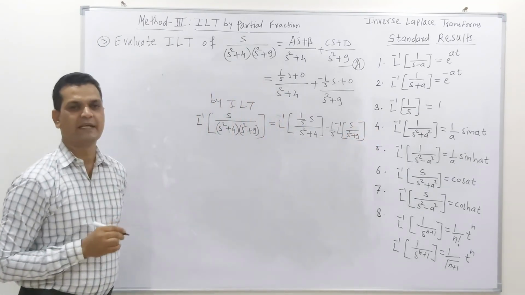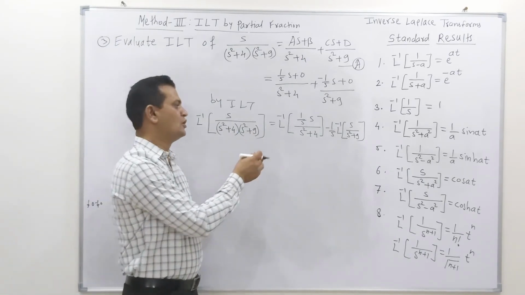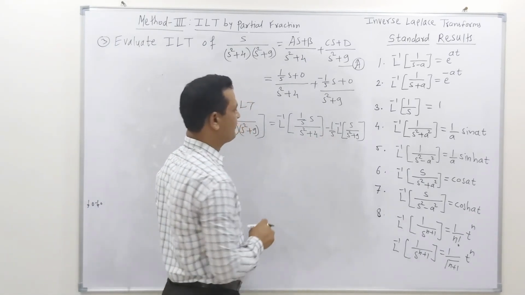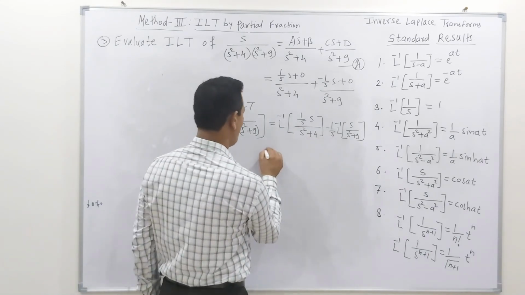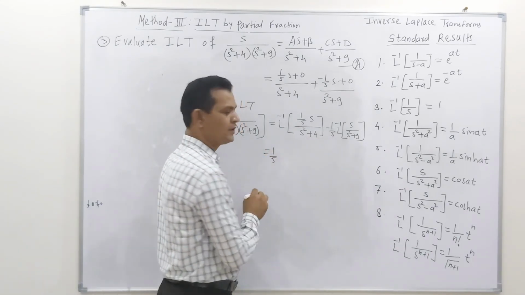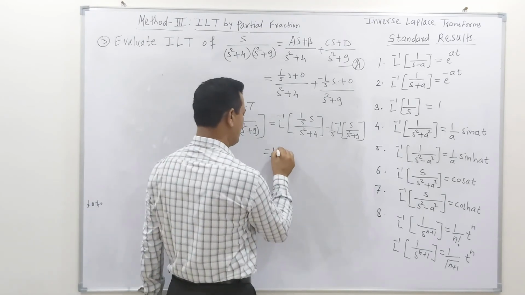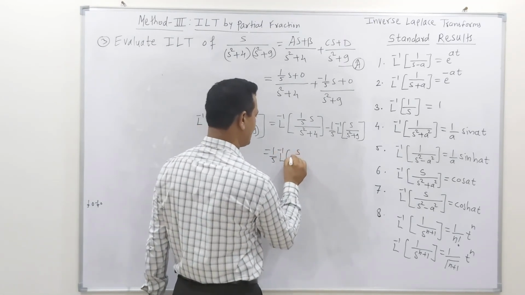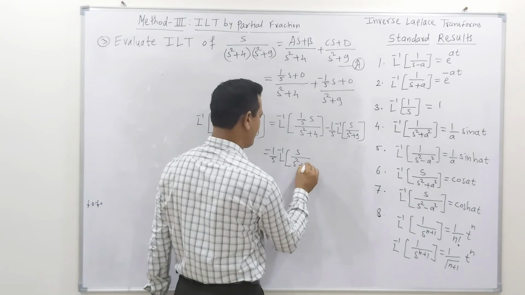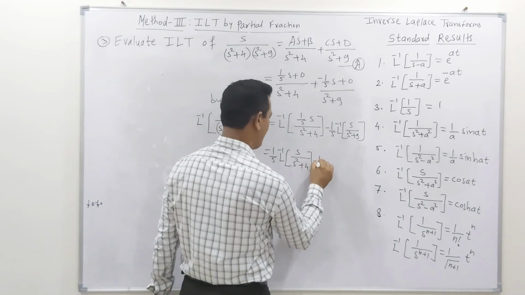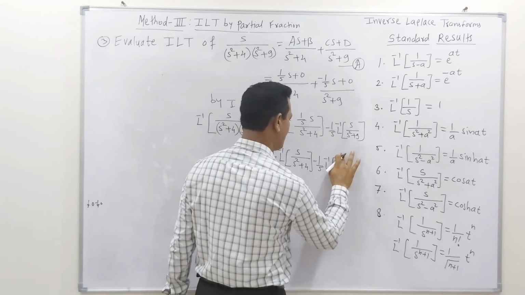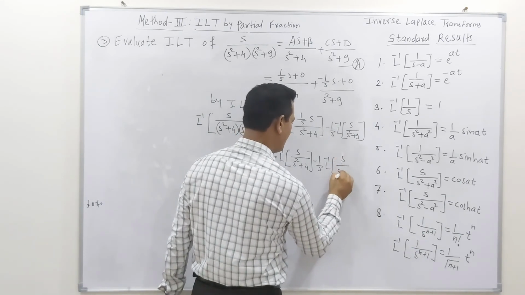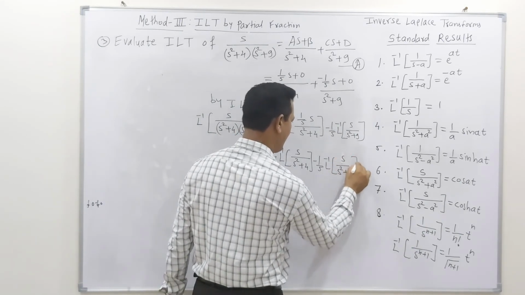After applying the linearity property, we write this step directly. Take the 1 upon 5 constant outside the inverse Laplace transformation, we get s upon s square plus 4, minus 1 upon 5 into inverse Laplace transformation of s upon s square plus 9.